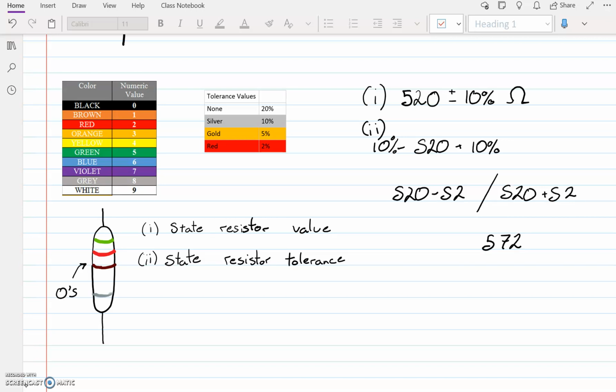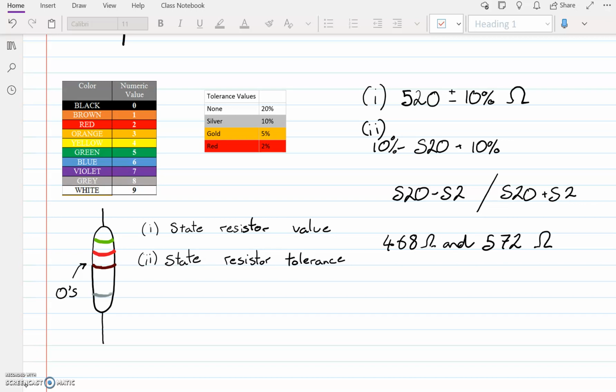Okay, and then the lowest then is going to be 520 minus 52, which is 468. My maths is bad. 468 ohms and 572 ohms. And that there is the answer to that question.